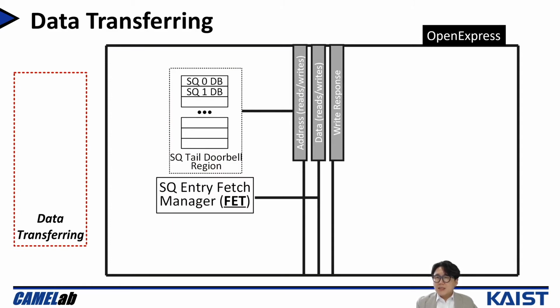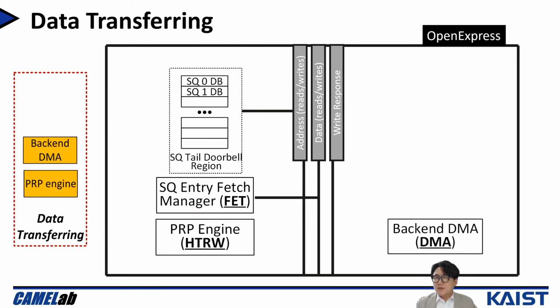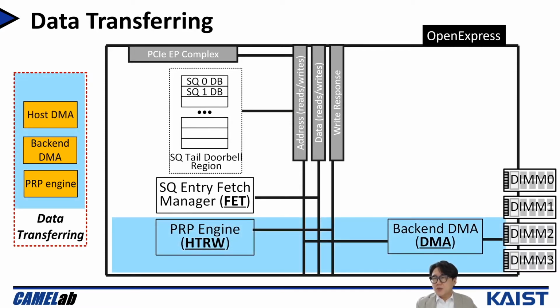OpenExpress has HTRW, which stands for the hardware transfer for read and write module, and the back-end DMA module composed of FPGA micro DMA IP cores. This will perform data transfer between the PCIe endpoint and the back-end memory channel modules.